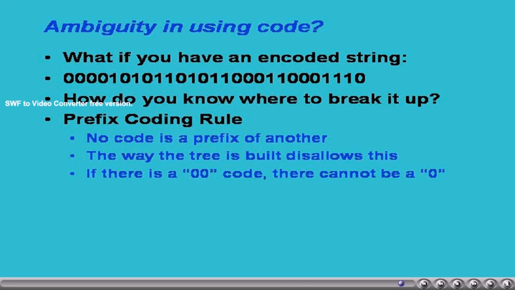Is there any ambiguity in using Huffman code? That is, can a Huffman coded message be deciphered easily? If so, why? Yes, there will not be any ambiguity in decoding the Huffman coded message.